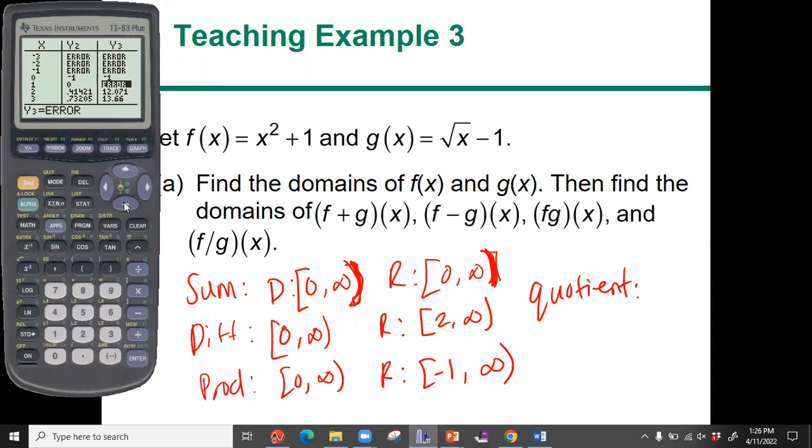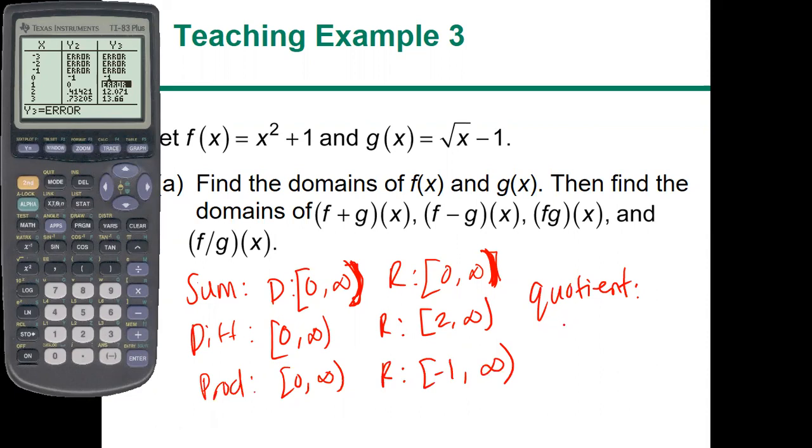So for our quotient, how can I write this correctly? We're from 0 to infinity, but X cannot equal 1. Okay, and that's because there's a hole in our graph. So that's our domain.